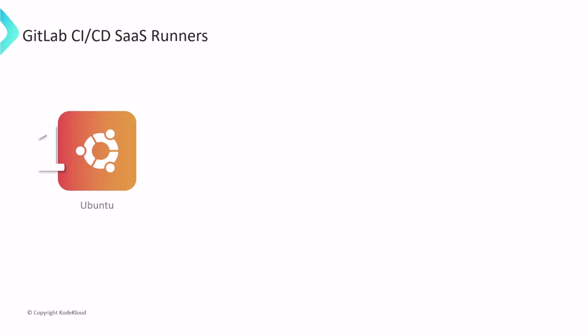These runners fully integrate with the GitLab.com server and are enabled by default for all projects with no configuration required. Your jobs can run on Linux runners, which support a wide range of languages and tools. You can also choose Windows runners, which are ideal for projects that use Windows-specific tools or require testing on Windows systems.